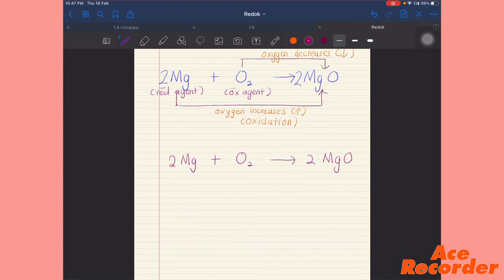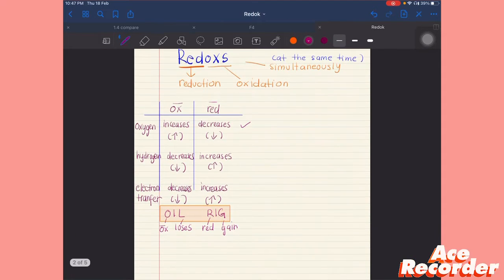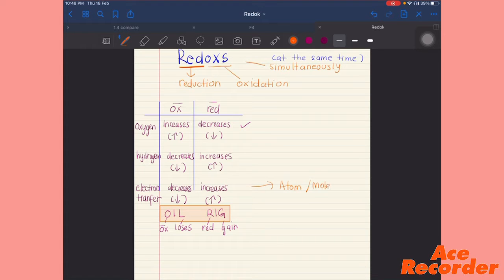Before we start the third method, we have certain rules to tell you about this method. The first one, every atom or molecule, when you write the half equation, the symbol is the same. What does it mean? Example, atom is any metal.